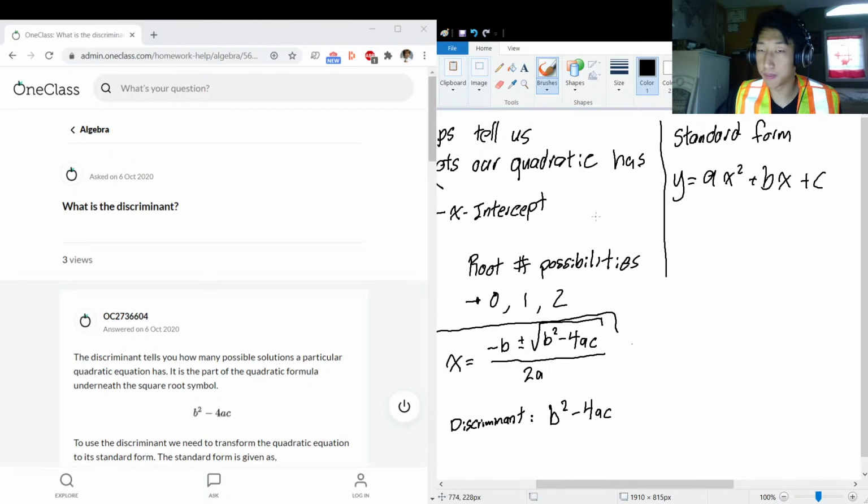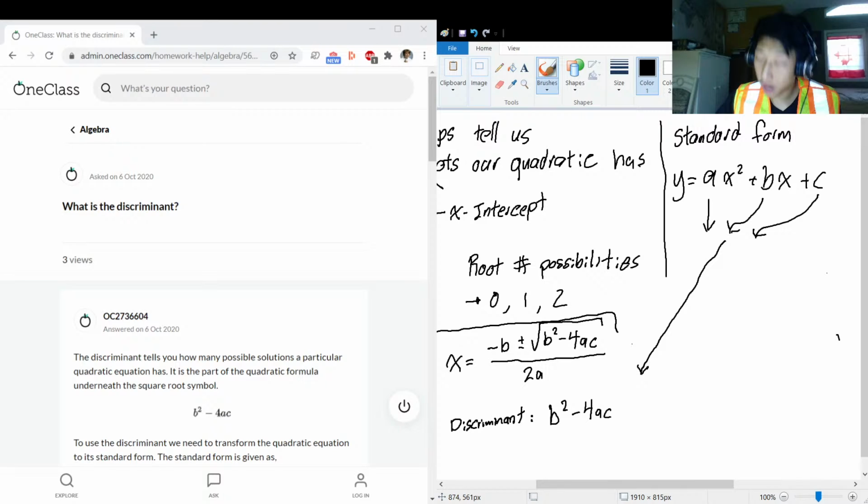This is where a, b, and c come from to put into the discriminant. So you want to get your quadratic in standard form, and then you extract your a, your b, and your c from that equation, and send them down there.